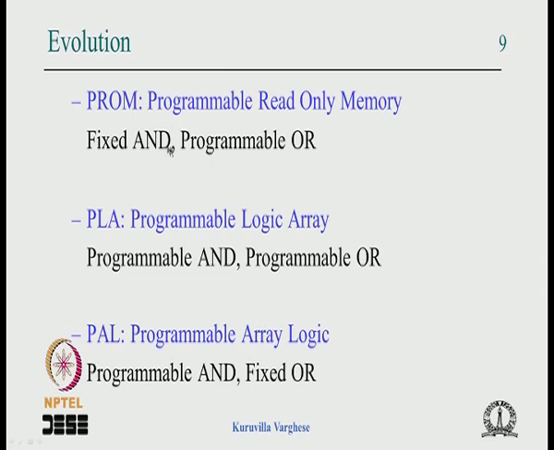We started with the PROM, which is programmable read only memory, which was basically a real memory where the address decoder acts as the min terms of the Boolean function, a fixed AND. So for n inputs you have 2 raised to n AND gates, each AND gate having fixed connections to the n lines.